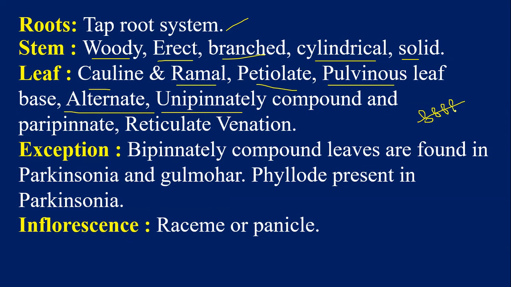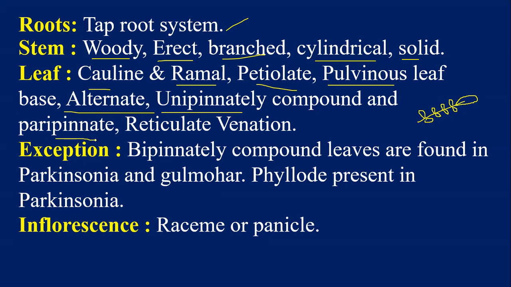Here the main axis is ending with a single leaflet, and this kind of compound leaf is called imparipinnate. In some species, the main axis is ending with two leaflets. Example, Tamarindus. In Tamarindus, it is ending with two leaflets. It is called paripinnate.